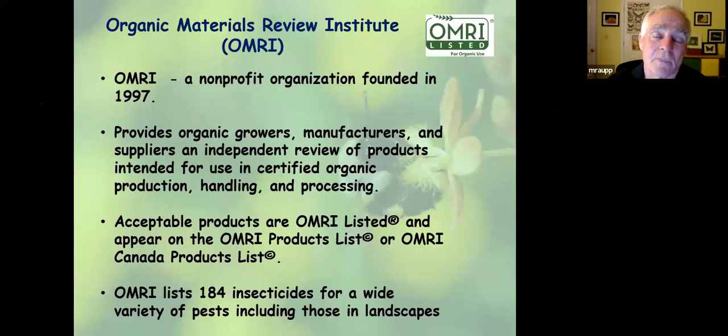If there was an aphid on there and they had to control it, they simply used an OMRI listed insecticide, a material so safe it's been approved for use on organic crops. Those are the ones I would like you to use if you decide you need to do something like that. You'll see this symbol on the label.